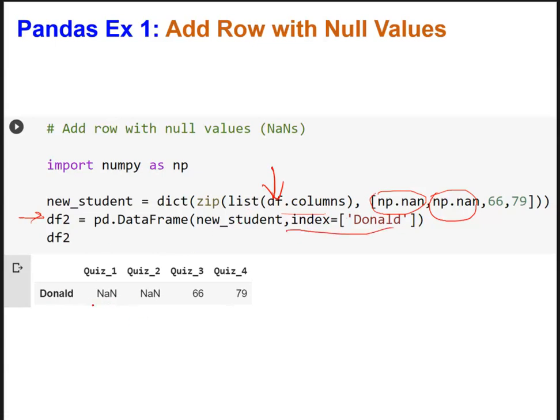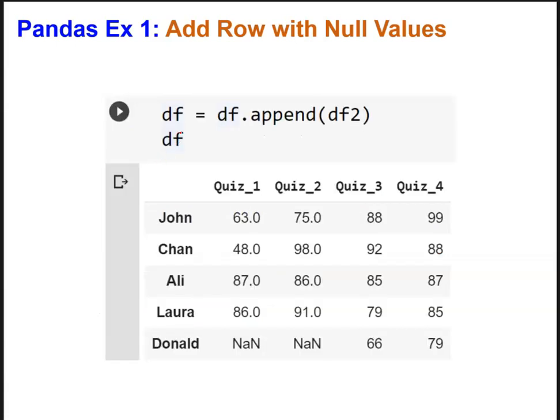And so when you have the data frame ready, this new data frame that you want to add, or the new student's data that you want to add to your original data frame, you can again use the append function. And so how do you deal with these NaN values? We'll talk a lot about NaN values. But one thing that I want to illustrate over here is, let's say you want to calculate the mean or average of the scores of each student, right?